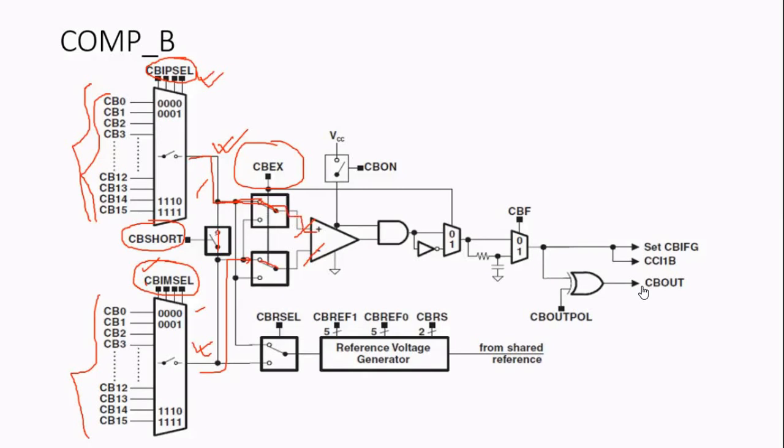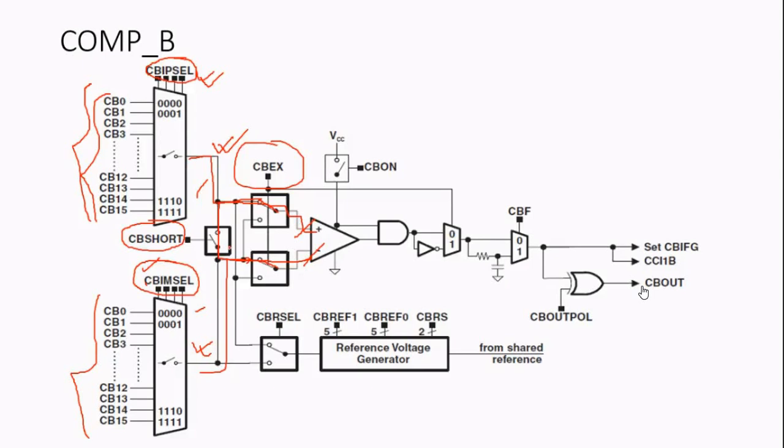This edge and this edge get shorted, so at the positive and negative terminals you are getting the same input, at the inverting terminal and at the non-inverting terminal. When CB short is set to 1, it means the input is shorted. If CB short equals 0, it means the input is not shorted.